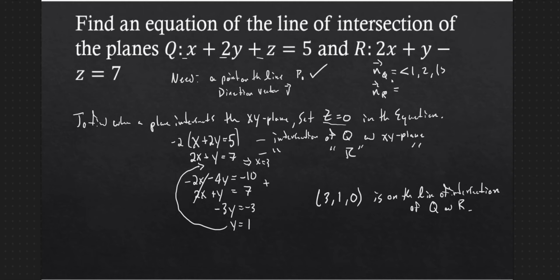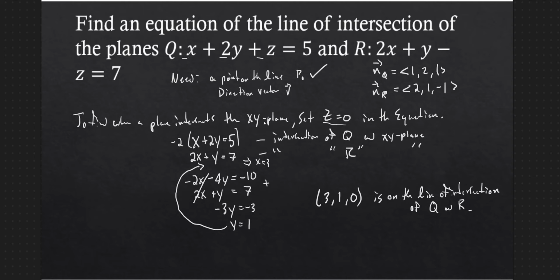And the normal vector for R is 2, 1, -1.